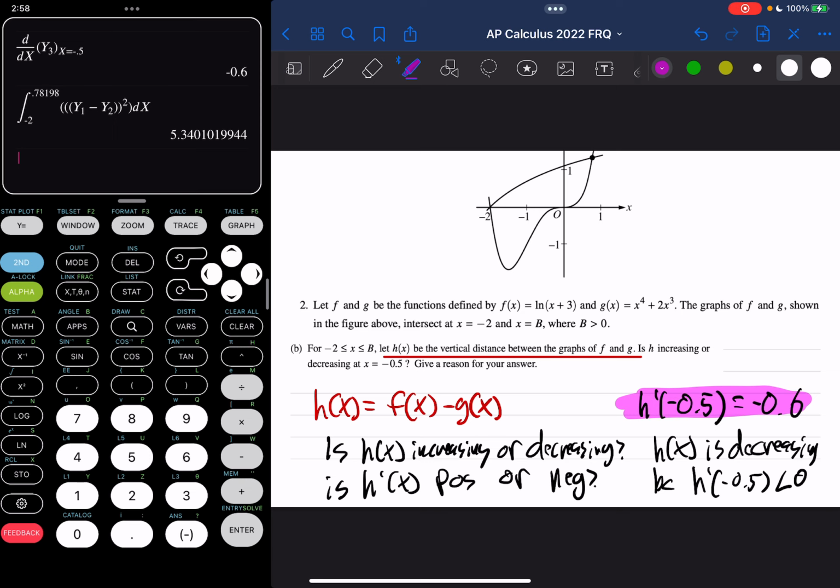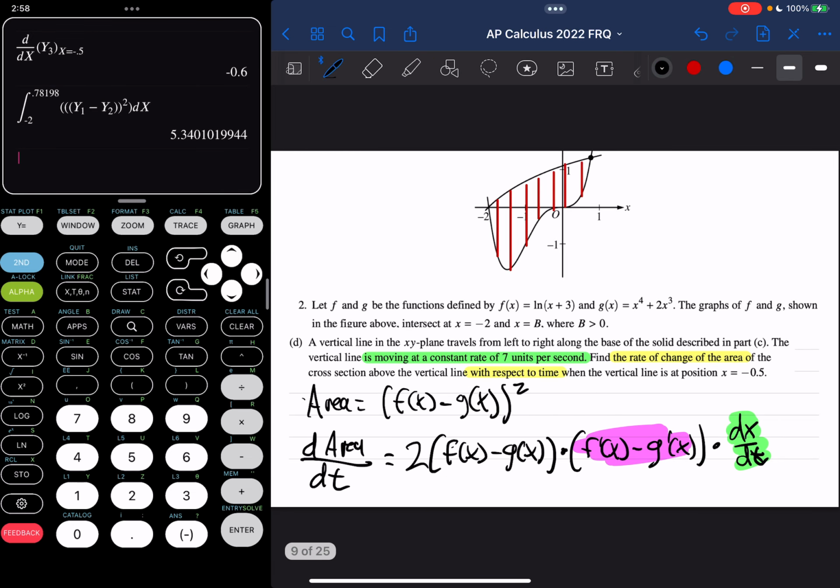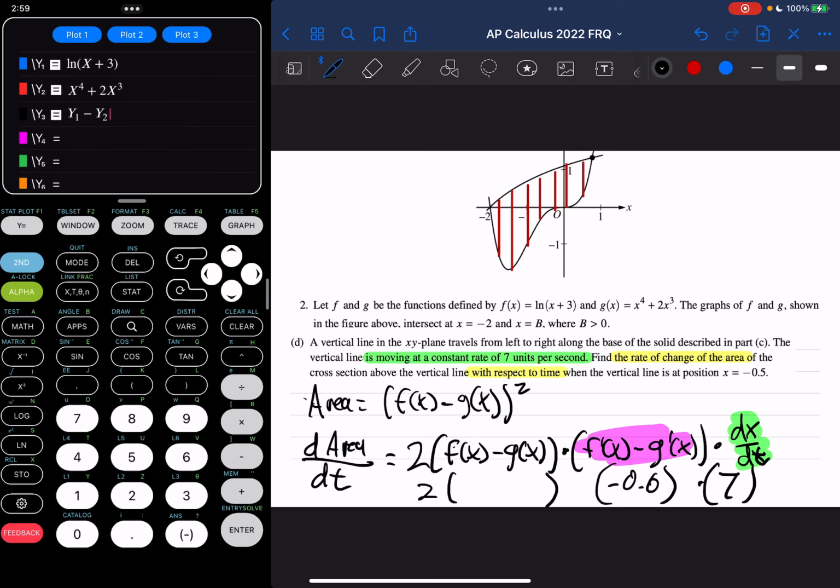And usually AP likes to do this, they'll have callbacks to previous parts of problems. So negative 0.6 times 7. And then we have 2 times, so this is the part we only have to calculate, f of x minus g of x. And we can use h, because that's what that is.